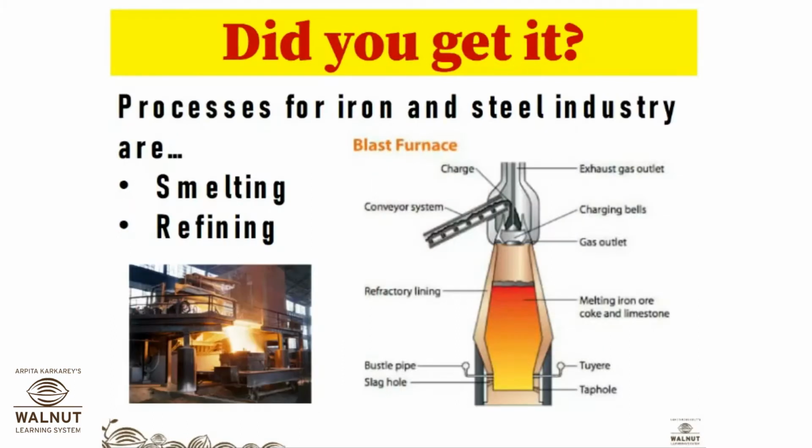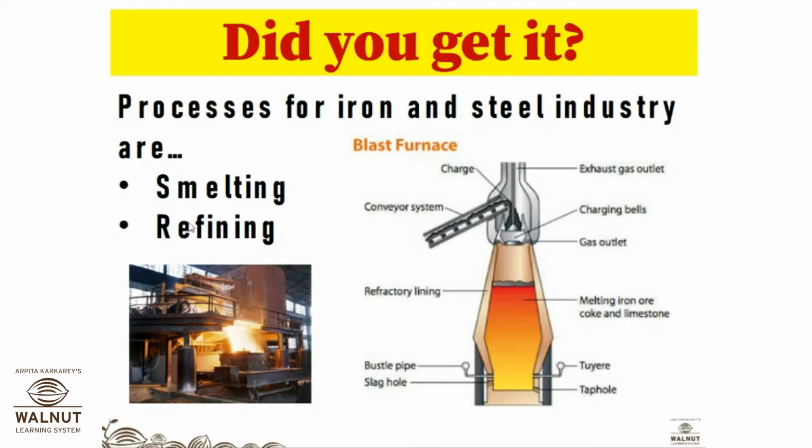Then this is the processing, the second part. In a system, the first part was input, which we already saw. Now this is the processing. There are two major processes, one is smelting and one is refining.